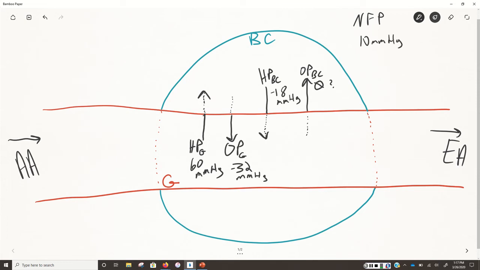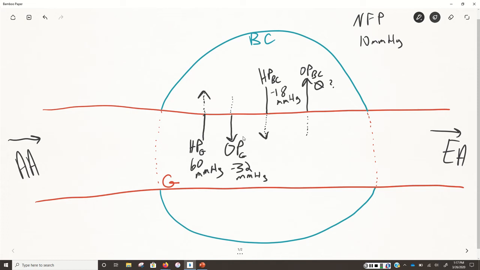We are filtering liquid out of the blood under a pressure of 10 millimeters of mercury. But remember when we did capillary fluid exchange, there was pressure down here on the arterial end and another pressure down on the venous end. But there's not a venous end here. These arterioles work in concert to keep the pressure the same throughout the entire glomerulus.